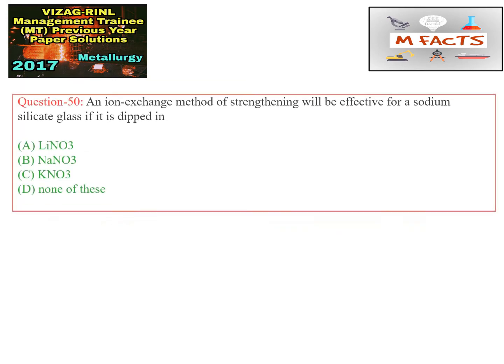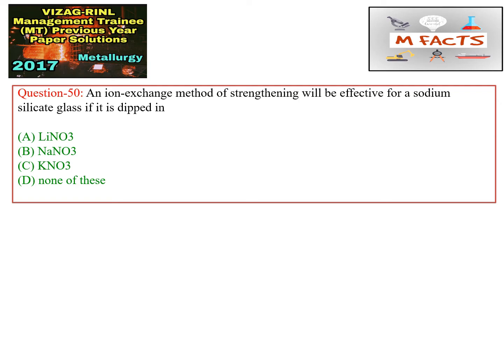The next question is, an ion exchange method of strengthening will be effective for sodium silicate glass if it is dipped into. This ion exchange method is basically done for introducing compressive stresses into the silicate glasses.